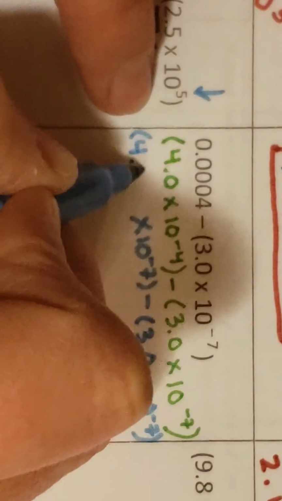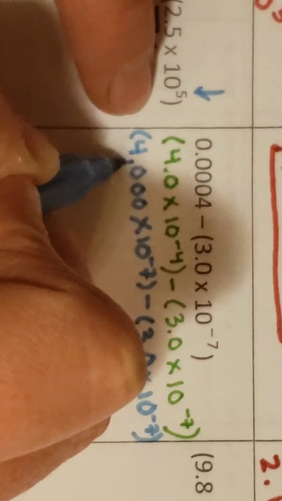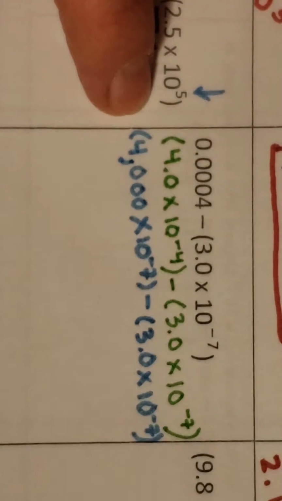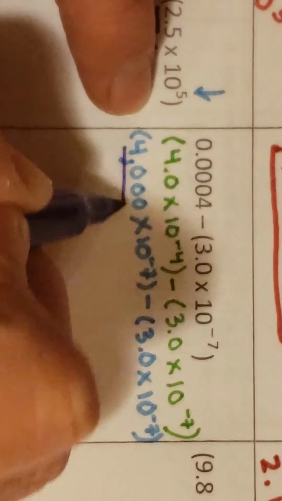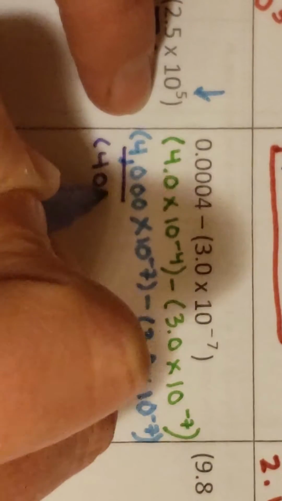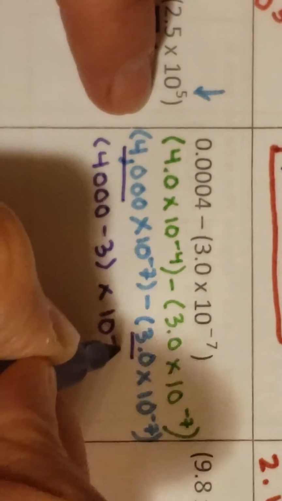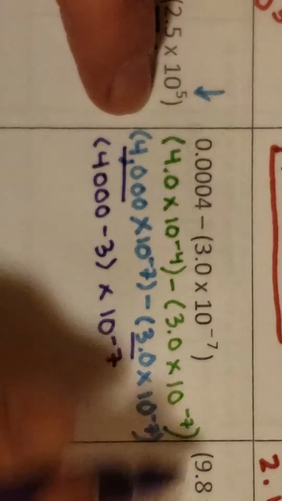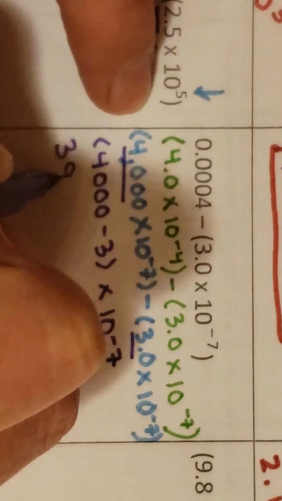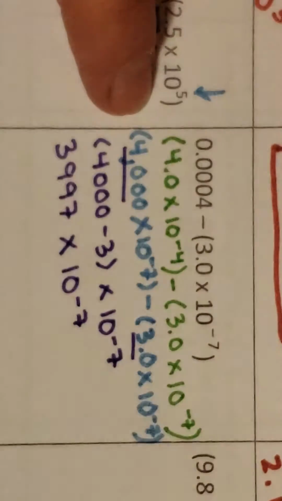So it was 4.0, 1, 2, 3. And so now it becomes 4,000 minus 3. And this is times 10 to the negative 7th power, or 3,997 times 10 to the negative 7th power.